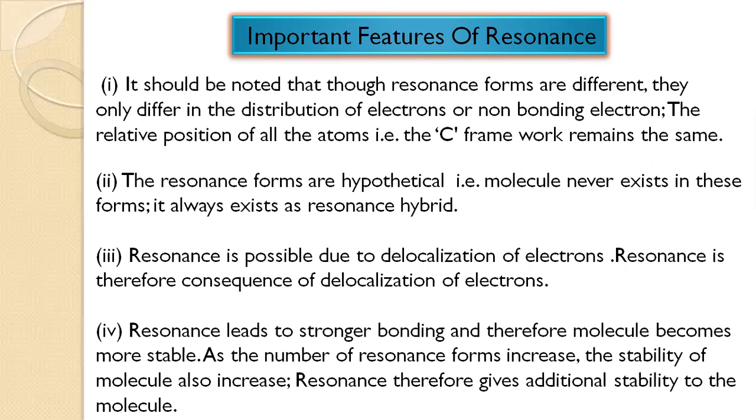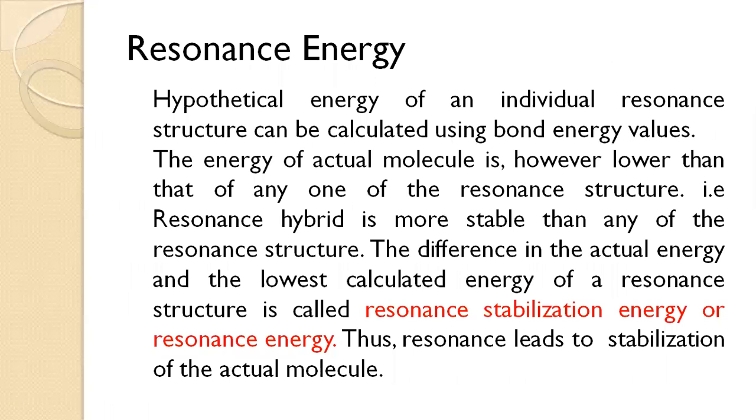Resonance is therefore a consequence of delocalization of electrons. Resonance leads to stronger bonding, and therefore the molecule becomes more stable. As the number of resonance forms increases, the stability of the molecule also increases. Resonance therefore gives additional stability to the molecule, and it is a very important part of organic reaction mechanisms.